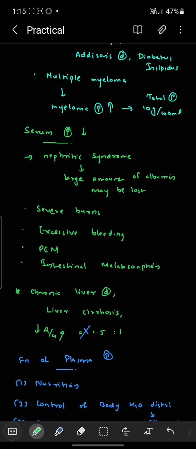Then conditions such as severe burns, excessive bleeding, protein energy malnutrition, when proteins are not absorbed appropriately, that is intestinal malabsorption. In chronic liver diseases such as liver cirrhosis, the concentration of albumin decreases and the concentration of globulin increases. So the A/G ratio is reversed.